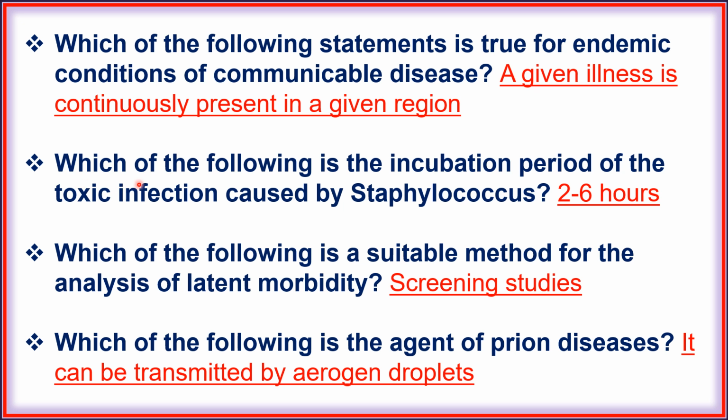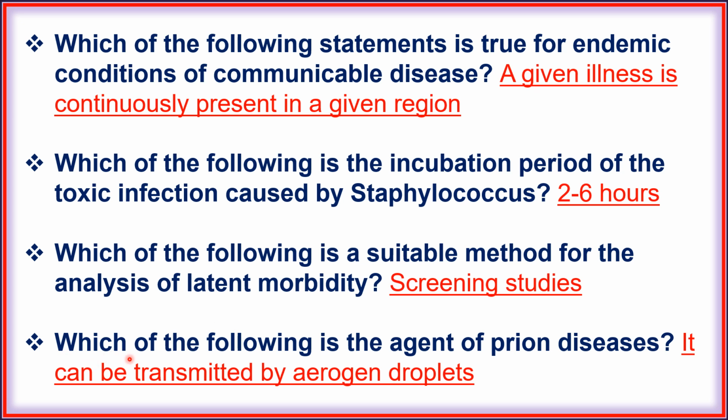Next, which of the following is the incubation period of the toxic infection caused by Staphylococcus? 2 to 6 hours. Next, which of the following is a suitable method for the analysis of latent morbidity screening studies?